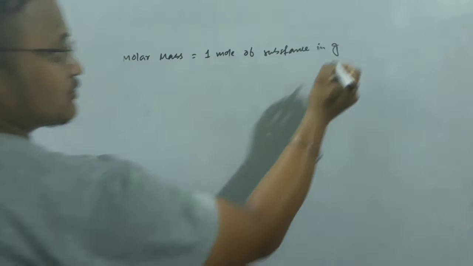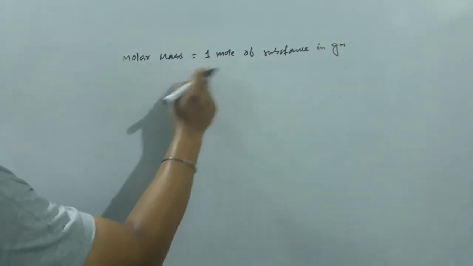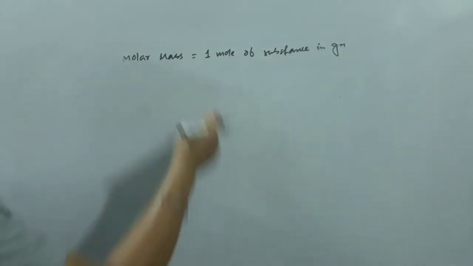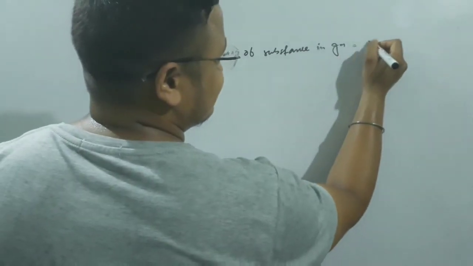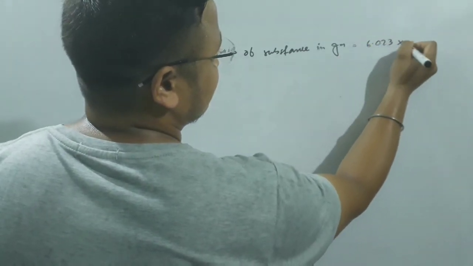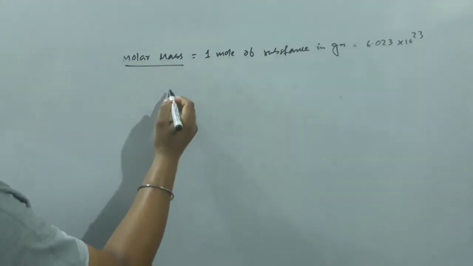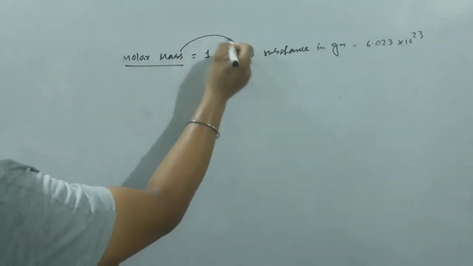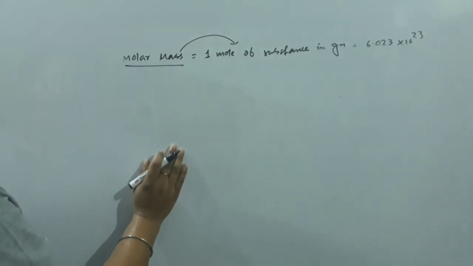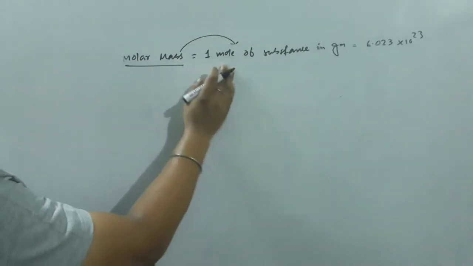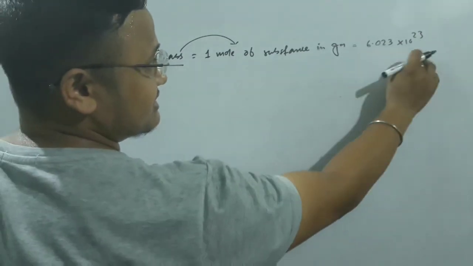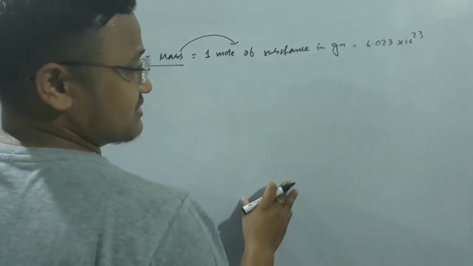So if molar mass equals 1 mole of substance in gram, then 1 mole of substance is this much number of particles.